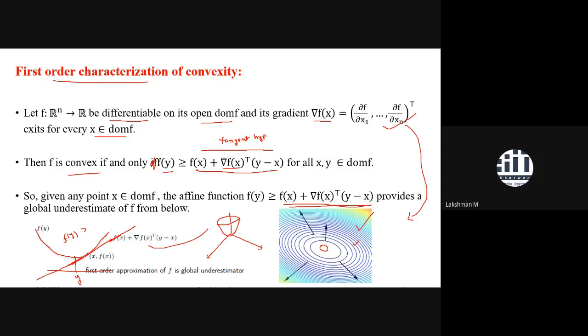It will touch the surface, and always it will provide a global underestimator. It is a little bit complicated to plot the tangent plane here in 3D, which is why I took this version. I thought the most feasible method for a derivative kind of test is the second order characterization, and there I will discuss in detail.